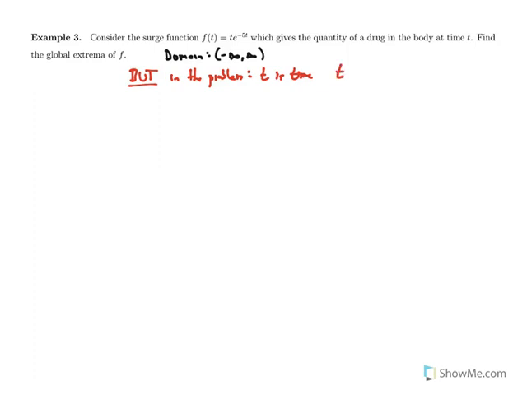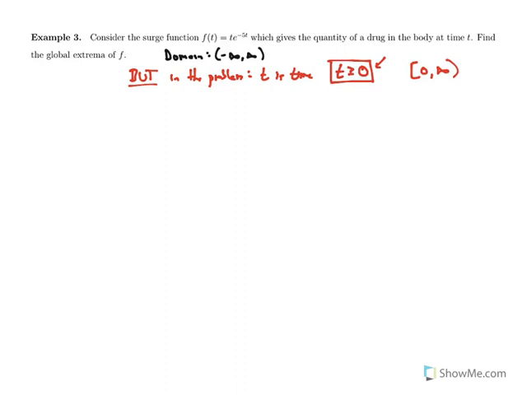So t is going to be greater than or equal to 0 in this problem. And that is our domain, 0 to infinity. It doesn't make sense to have negative time, so it's going to be always non-negative.